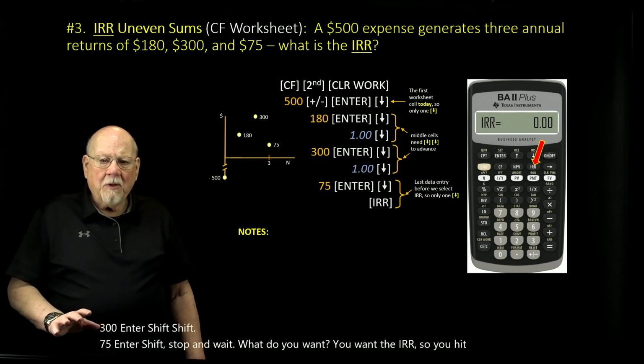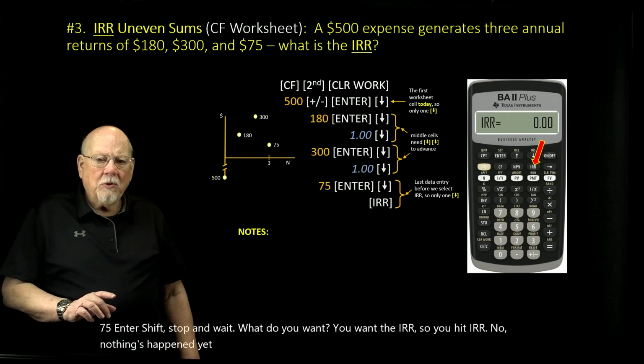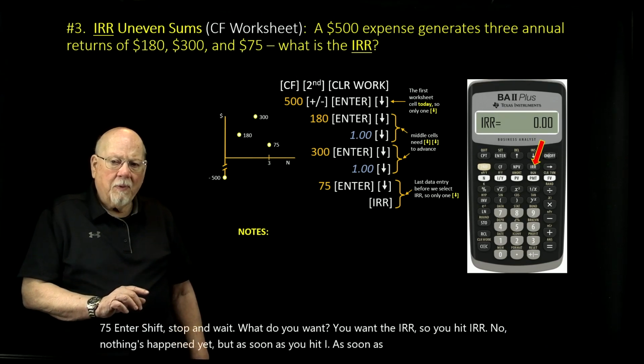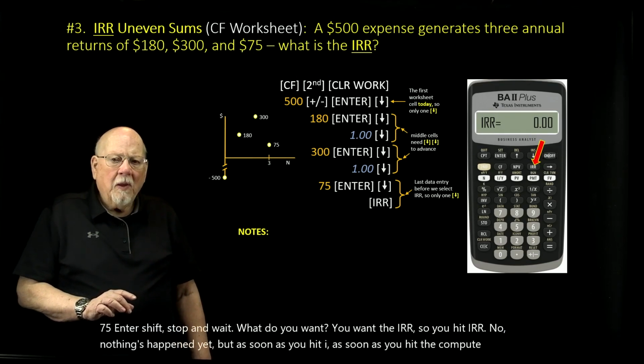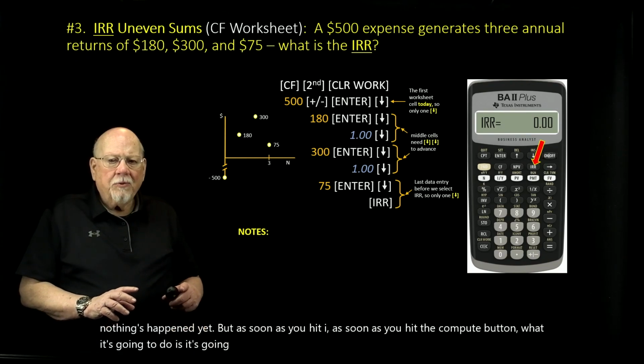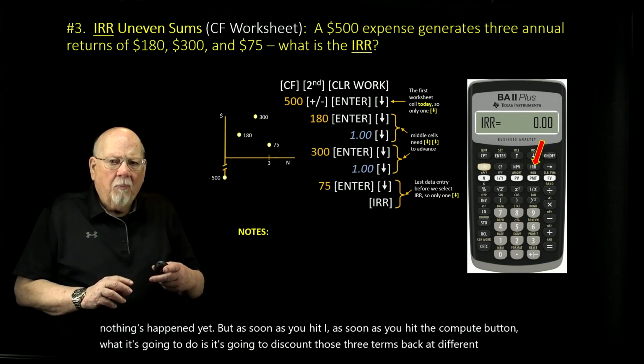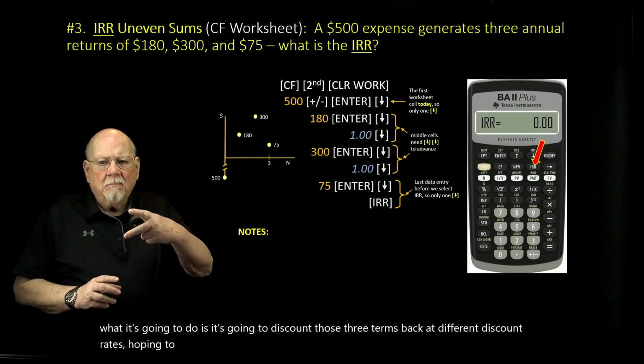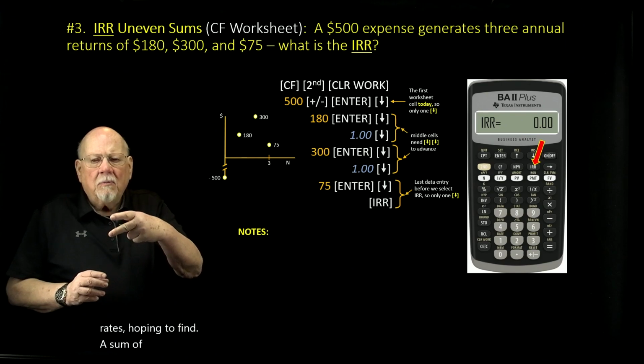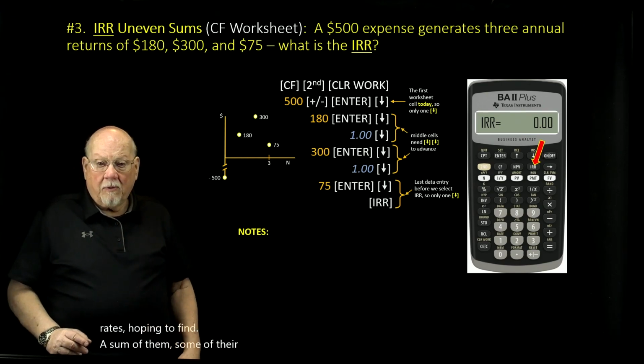Now, nothing's happened yet, but as soon as you hit the compute button, what it's going to do is discount those 3 terms back at different discount rates, hoping to find a sum of their present values equal to the $500 expense.